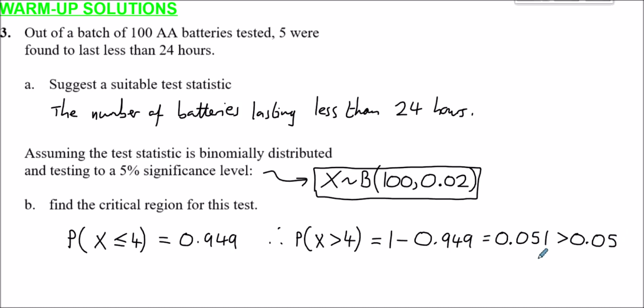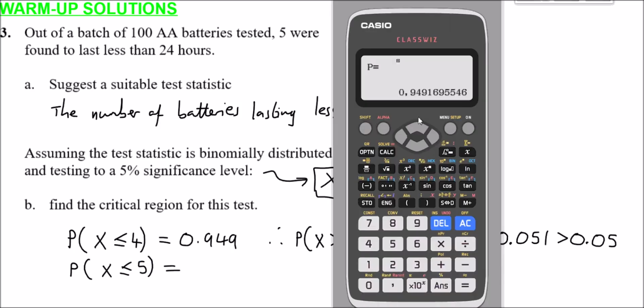This isn't critical. But if we take it up one and think about the probability of the number of batteries lasting less than 24 hours being 5 or less. So if we go back here, press AC, and then X, set it to 5, we have for this one 0.985. Again, that's to 3 significant figures.